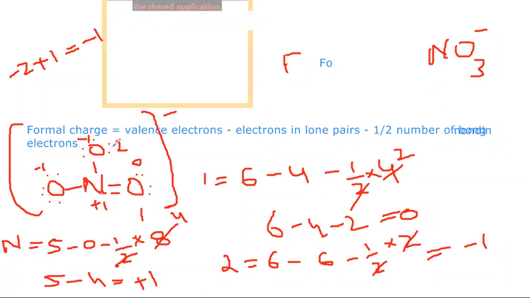So this is all about the formal charge, how to calculate the formal charge over here. I'm just repeating with another very simple calculation by using another example. Let's suppose I'm going to calculate directly the formal charge by placing the molecule.